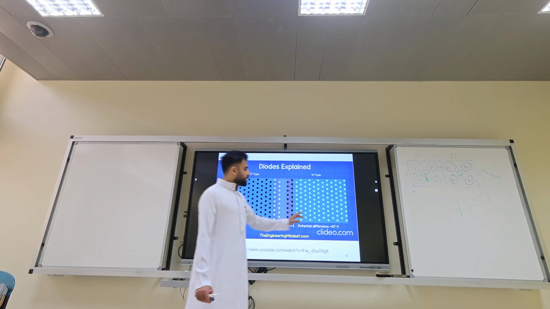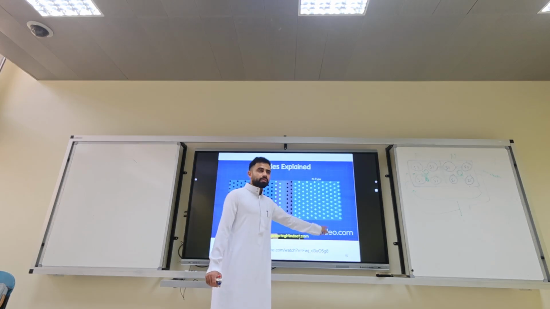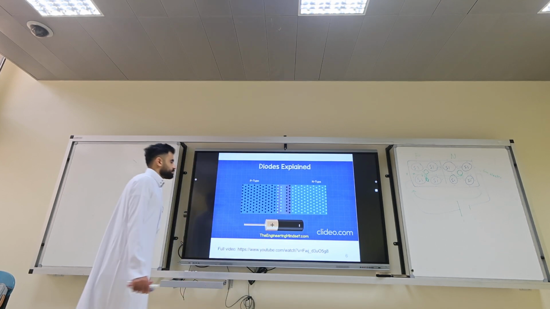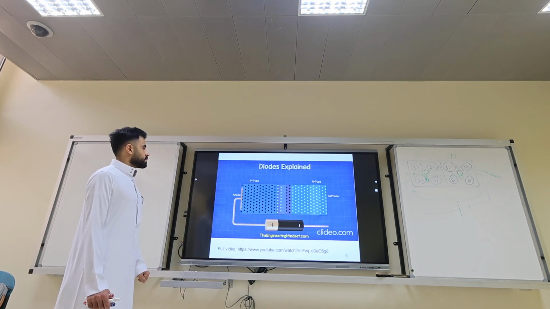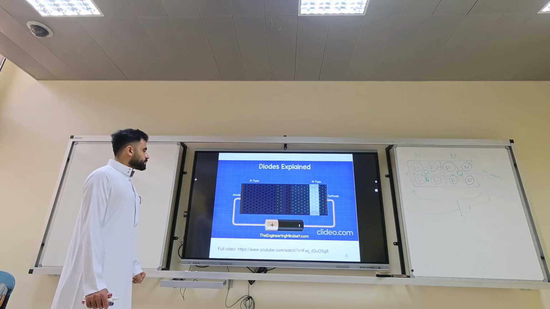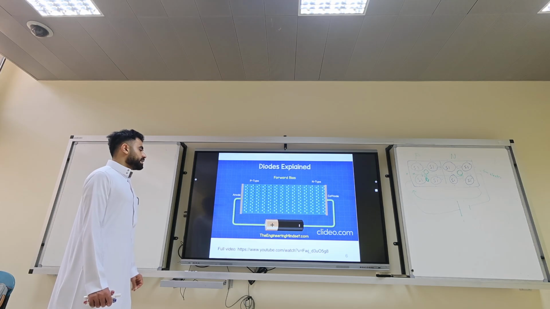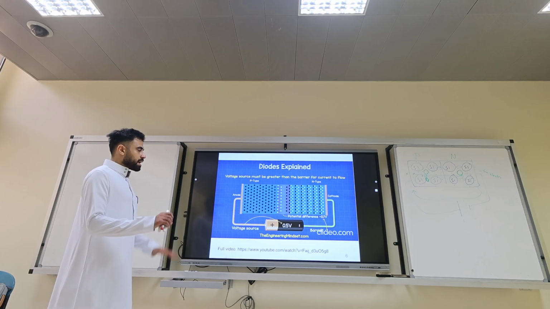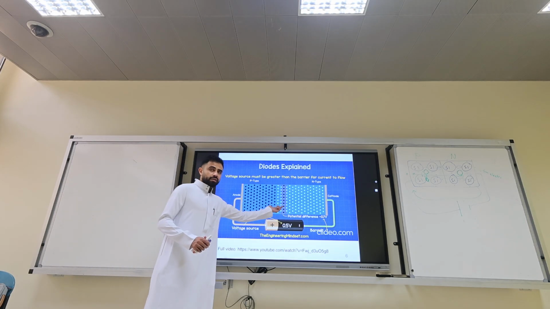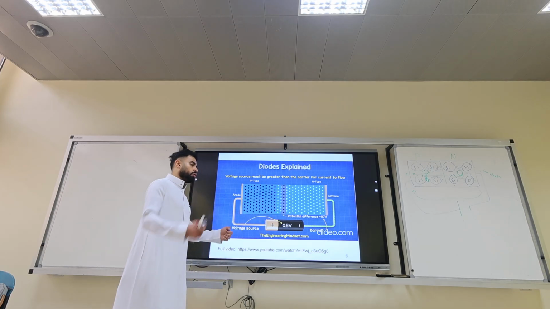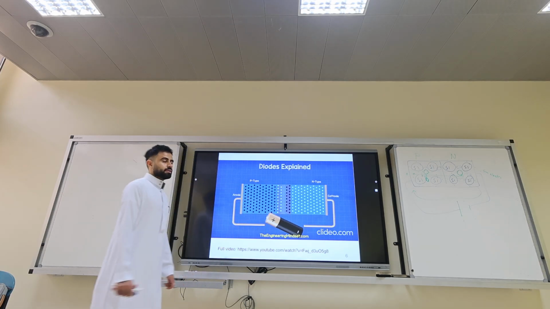This is only if you apply a voltage higher than 0.7 volts. In the anode it's positive, in the cathode it's negative. But that's the idea. The idea here is you want to destabilize this electric field region. You want to overpower it, okay?